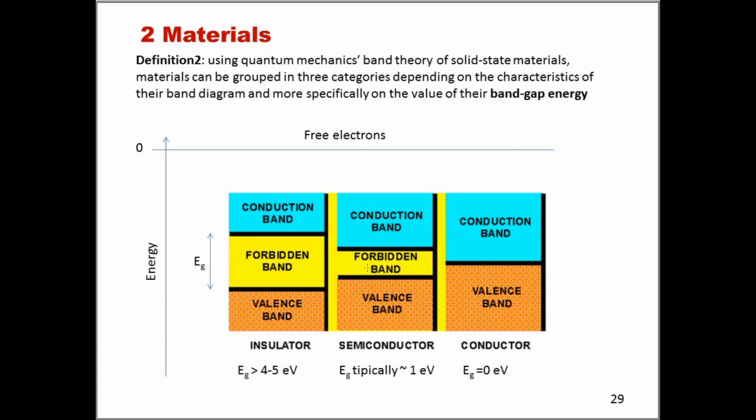If that gap is a bit smaller, of the order of 1 eV, then we say that this material is a semiconductor. If, on the other hand, there is no gap between the topmost full energy level and the bottommost empty energy level, then we say that this is a conductor.